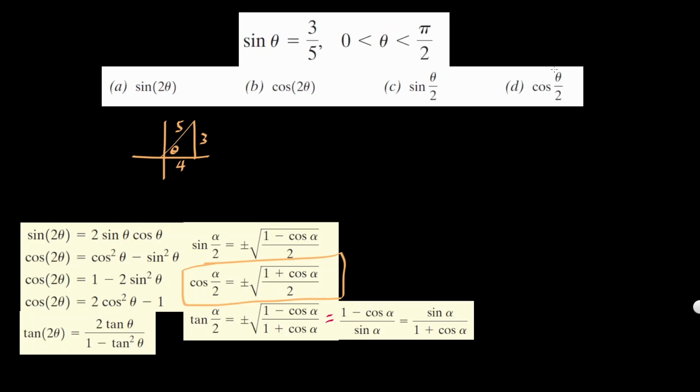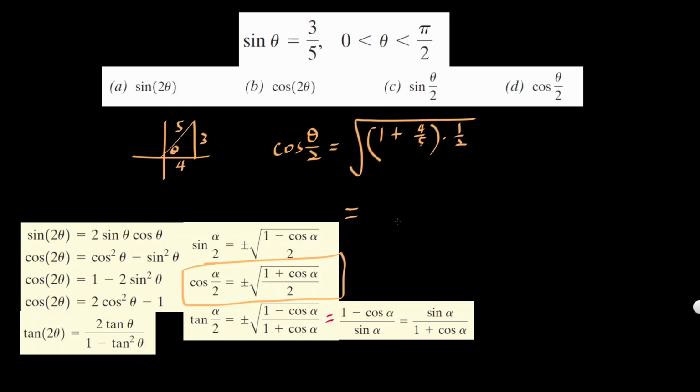So we're still talking about the first quadrant, and in the first quadrant cosine is going to be positive. So cosine theta over 2 is going to be positive square root of 1 plus cosine theta, which is 4 over 5, and then over 2, I'm just going to multiply by 1 over 2 like that.